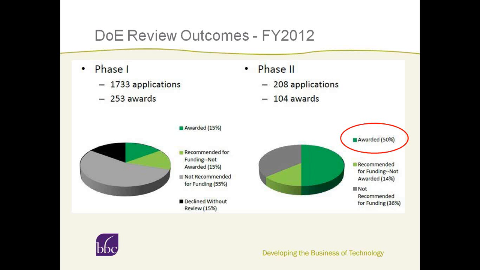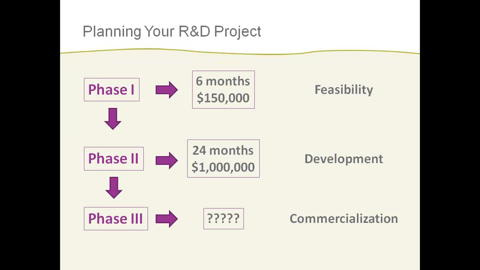Structuring your Phase 1 and positioning it correctly with the reviewers is key to success in getting your foot in the door. Because once you have your foot in the door by receiving that Phase 1 award, you have set yourself up for a very high chance of getting the $1 million funding. All right? So this Phase 1 is important.